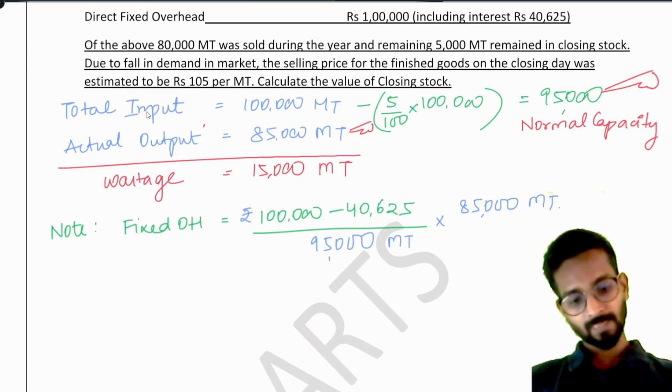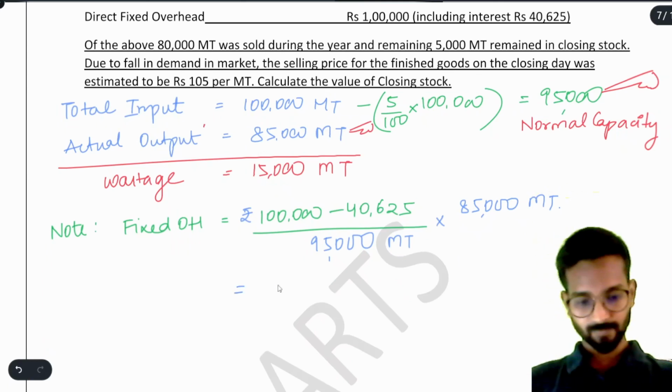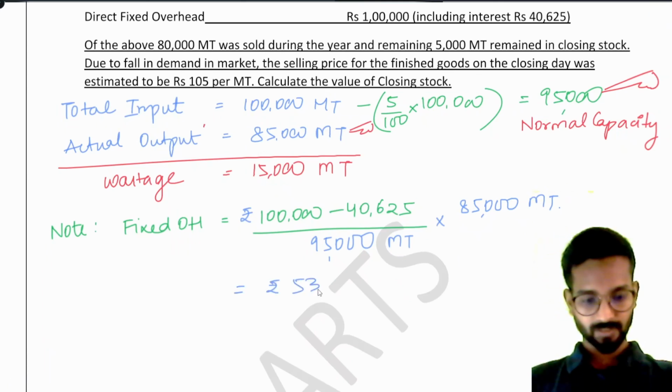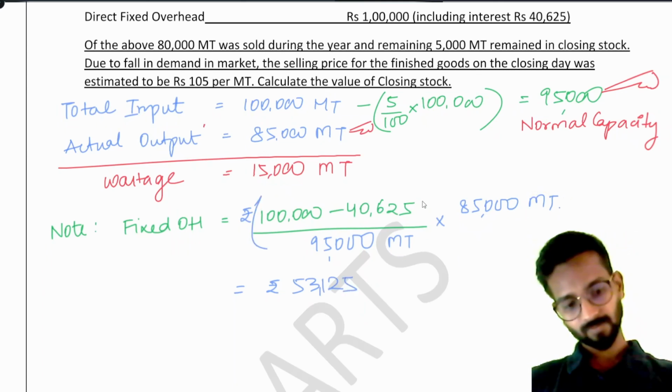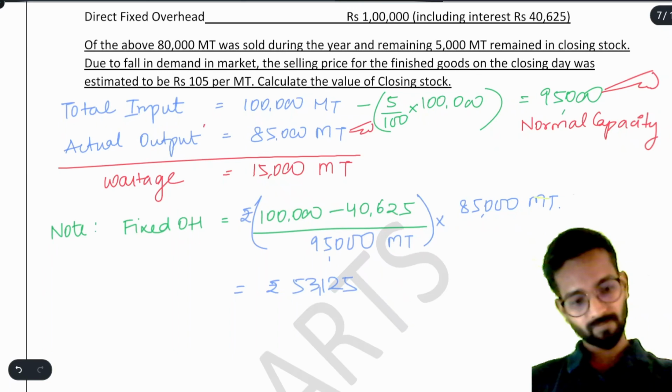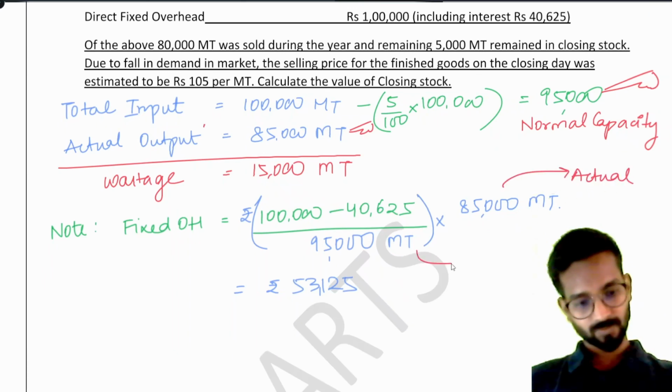Okay, this will give you fixed overhead and this amounts to rupees 53,125. Simple. Be very careful. This is your actual, this is your normal. Okay, now this is my fixed overhead.